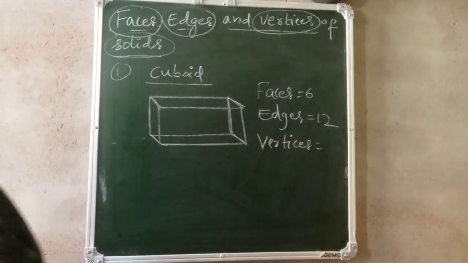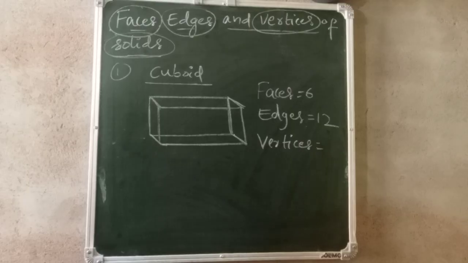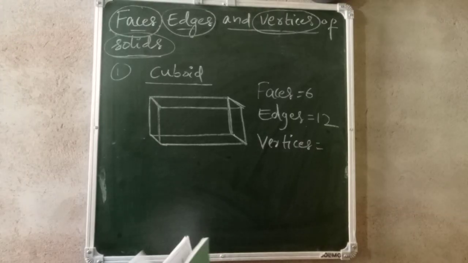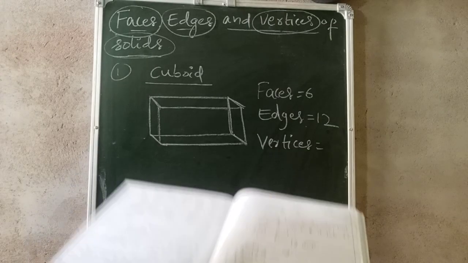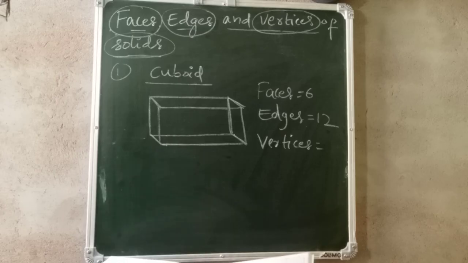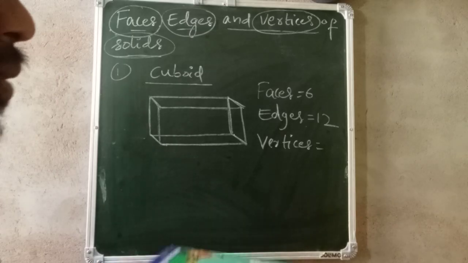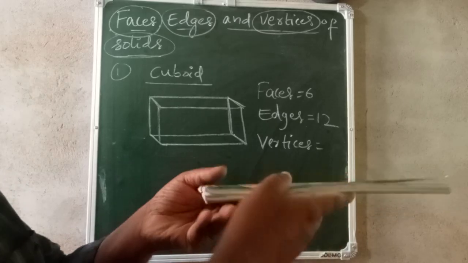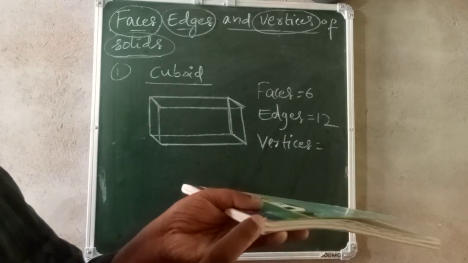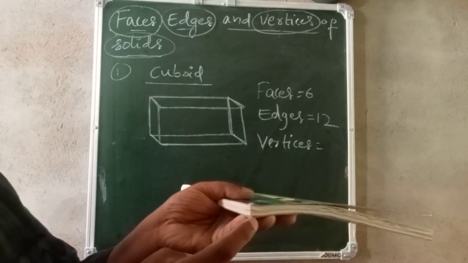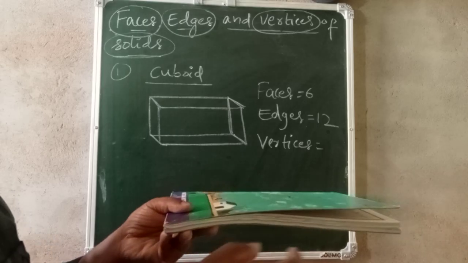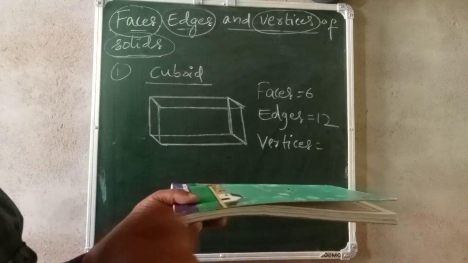So vertices are corners. Both are same. First, through this real life example, I will show what are vertices. Corner points. In this, see, this is one corner point. This is second corner point. Corner, it's like a sharp point. Okay.